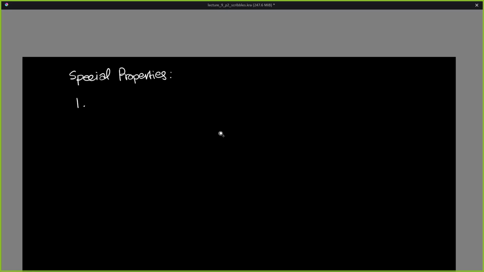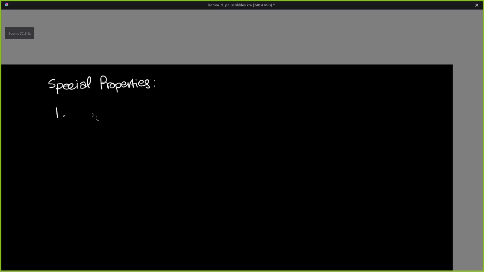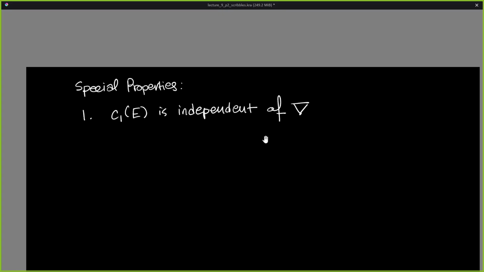Number one, c1(E) is independent of nabla. It's independent of nabla because this is a central result of Chern-Weil theory. So you'd have to go into the theory in order to give a full explanation of it.